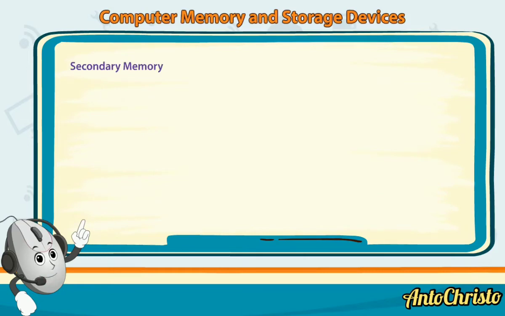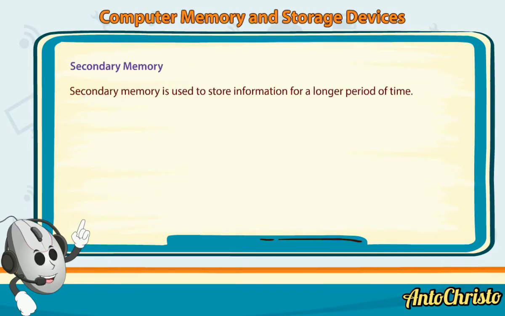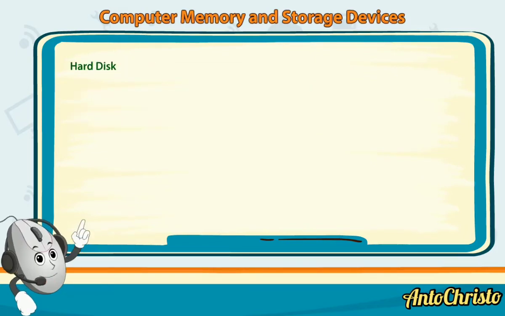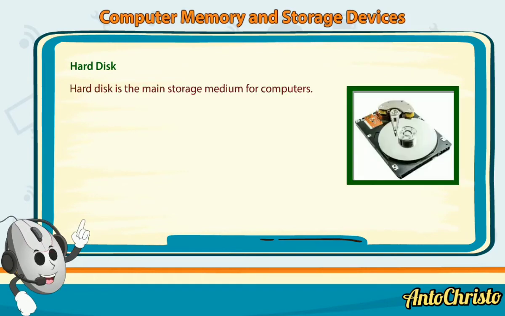Secondary memory. Secondary memory is used to store information for a longer period of time. It is needed because the internal storage of a computer is insufficient to store and save large amount of data for future reference and retrieval. Hard disk. Hard disk is the main storage medium for computers.